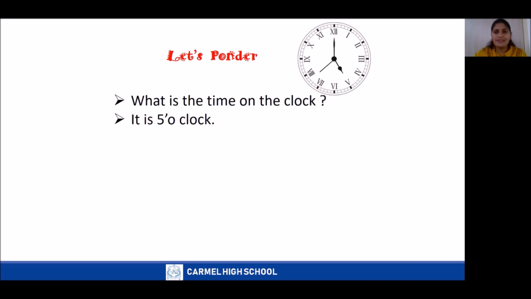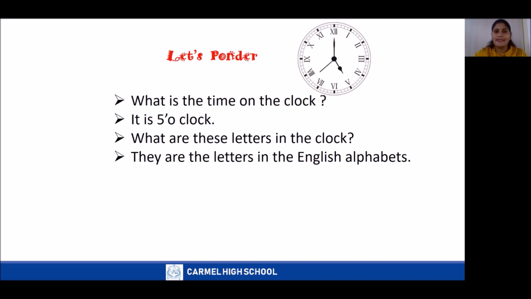We also observe that the units are in letters. What are these letters in the clock? Yes, these letters are the letters in the English alphabets. Also, these are the letters in Roman numerals.